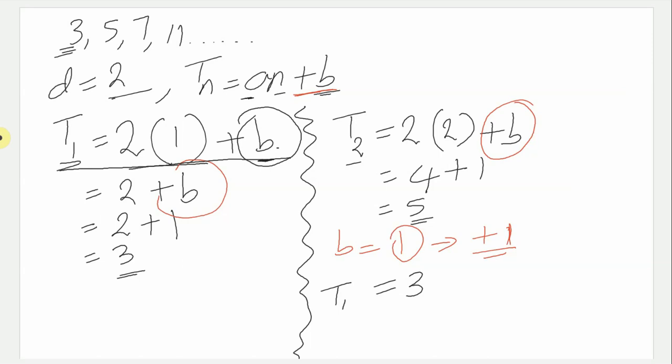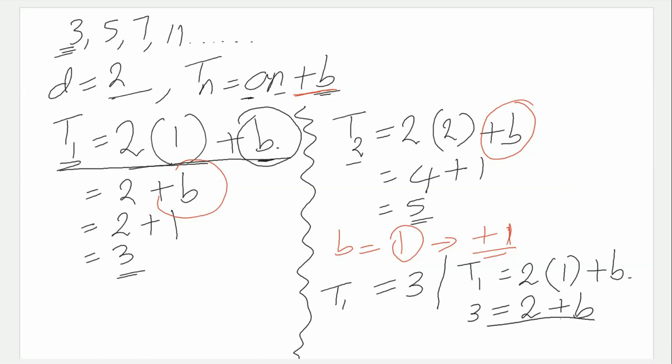So if I take this equation, which is T1 equals 2, don't forget that 2 is our constant difference, plus b, right? So I know that T1 is 3. I put 3 instead of T1. Then I have 2, because 2 multiplied by 1 is 2. And then I have plus b. So when you're at this point, you can see that I can just solve for b.